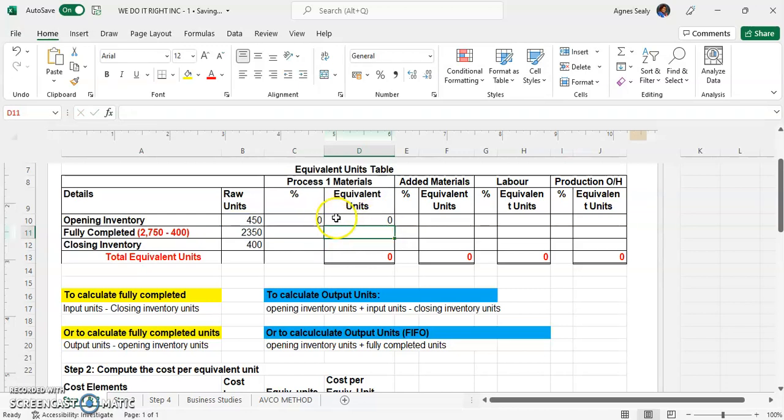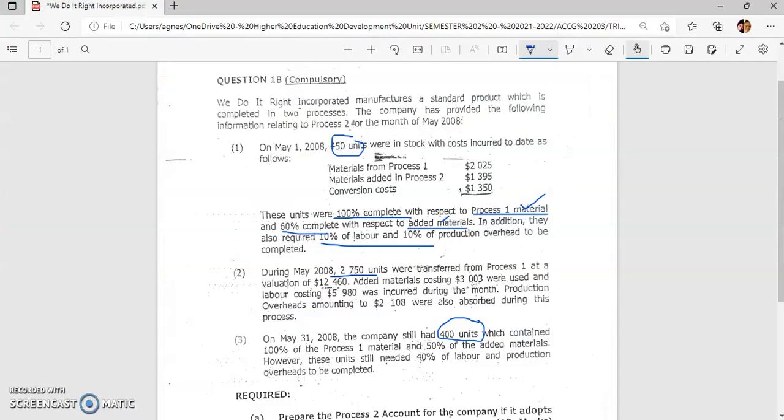What about added materials? What is the percentage or degree that we need with respect to added materials in order to complete these 450 units? The question stated that the 450 units were 60% complete with respect to added material.